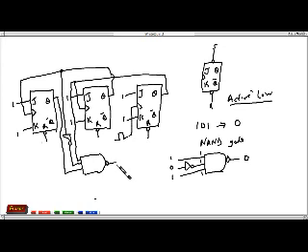And then this will be connected to our reset pins. So these are the reset pins, which we connect to the outputs of the NAND gate, and then our outputs can be tapped at these points.